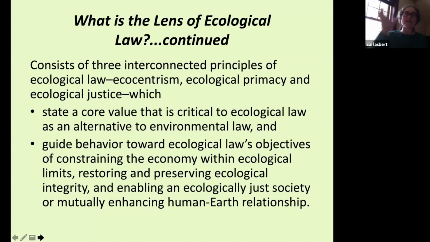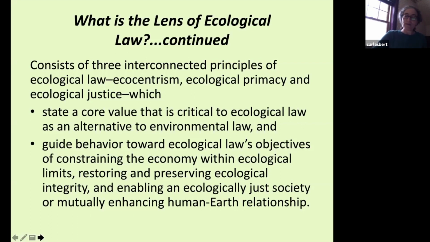When I was trying to figure out the principles, I decided that what would be useful is that the principles have to be normative rather than descriptive, and that the main aspect they have to focus on is reflecting one or several values that are critical to ecological law as an alternative to environmental law, or to contemporary law, if we want to say it more broadly.